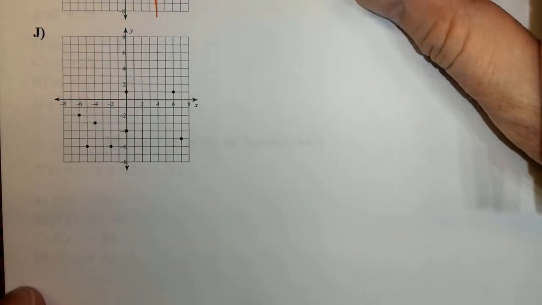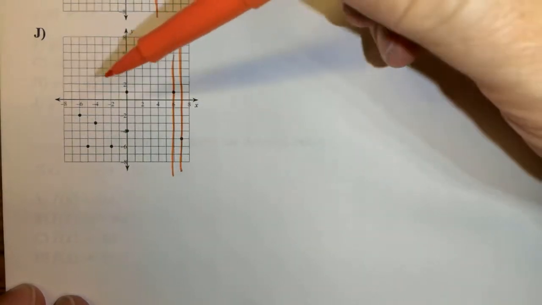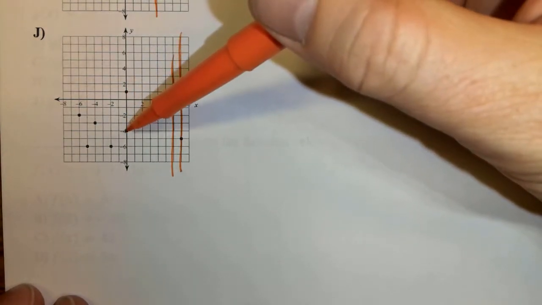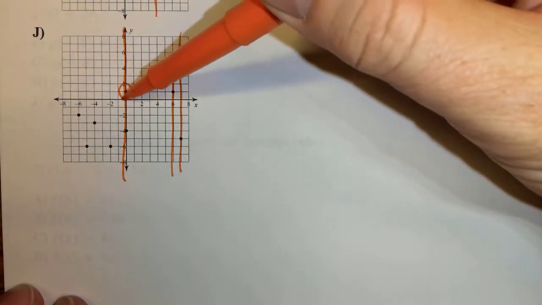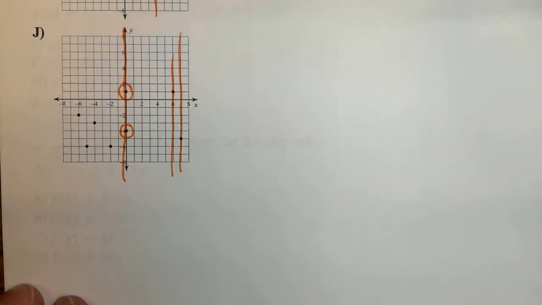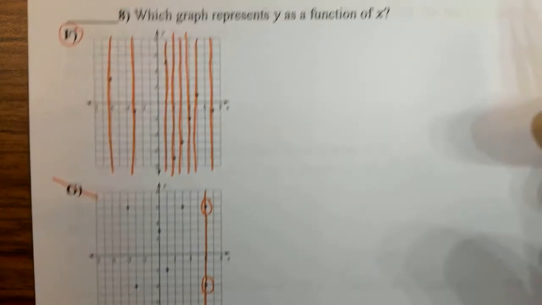And my last one. So I draw a vertical line, and then I purposely put these on the line because I know people will skip that. But I want to make sure and point out sometimes they will do that, thinking you won't notice. But that one passes through more than 1 point, which makes that not a function. So my answer for this one is F.